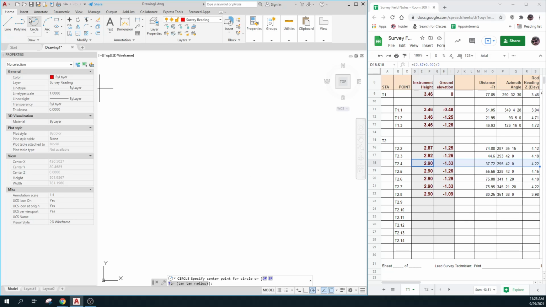So there we go. That's my T1 from where I'm at. 77.85 at an angle of 290 degrees, 32 minutes, 32 seconds.